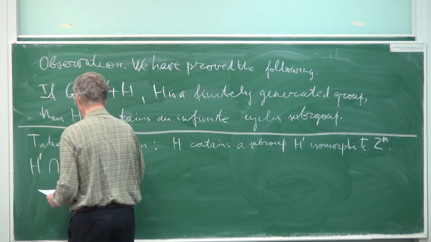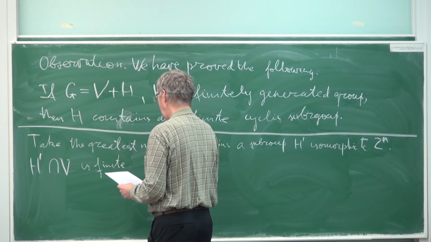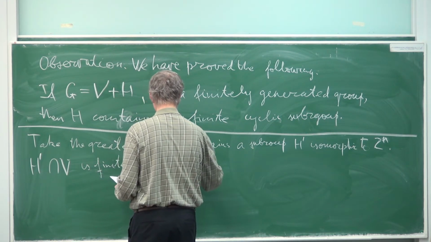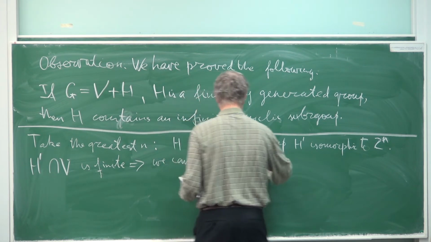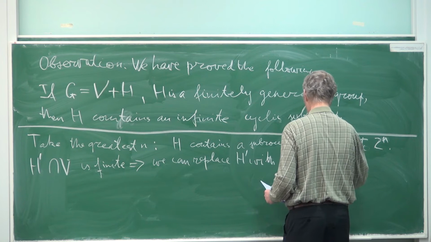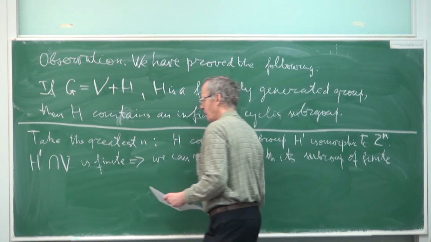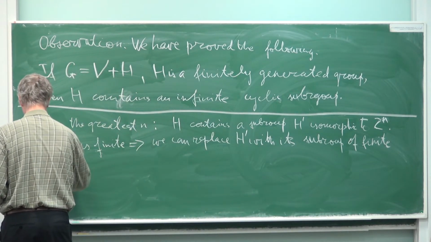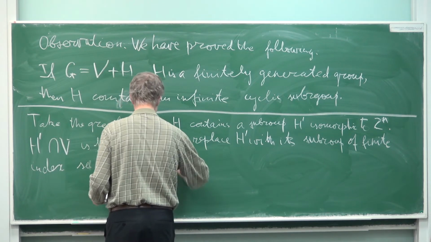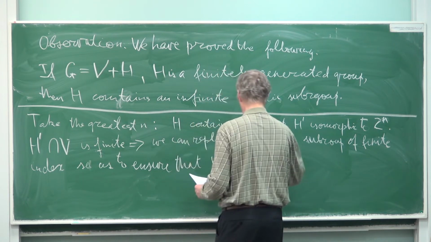So this intersection is finite, and from this it follows that we can replace H with its subgroup H prime, a subgroup of finite index, so as to ensure that H prime intersected with V consists of the zero element only.